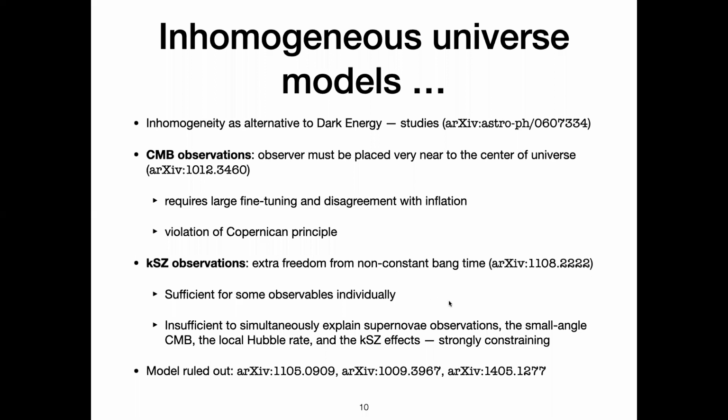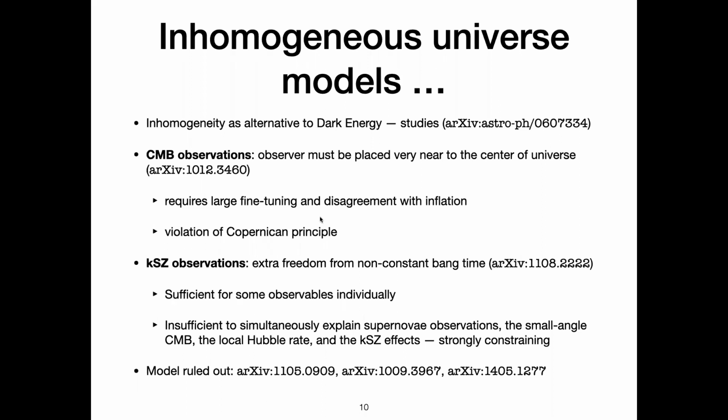So some observables like CMB observations, etc. Individually they are okay, but to constrain them simultaneously, this model seems to be insufficient, and hence these kinds of observations are strongly constraining for the parameters.